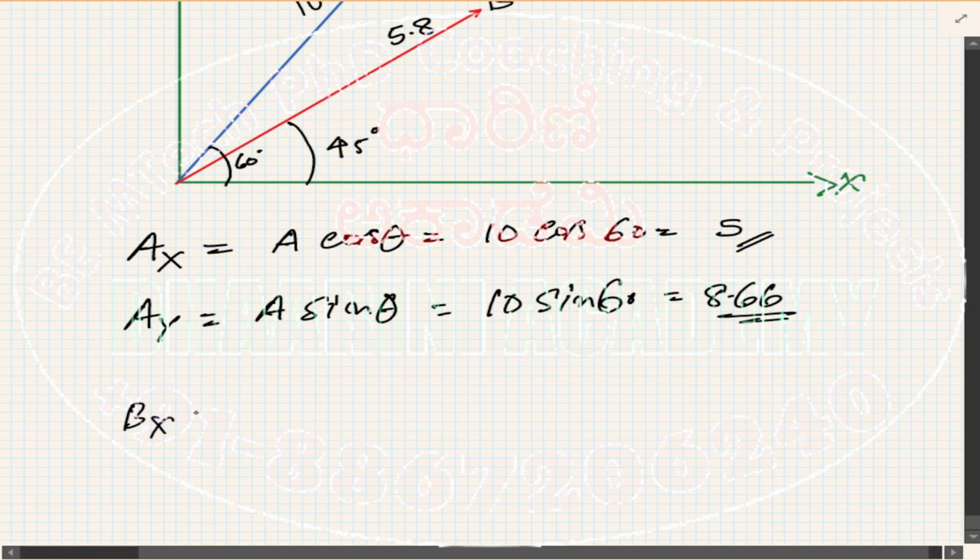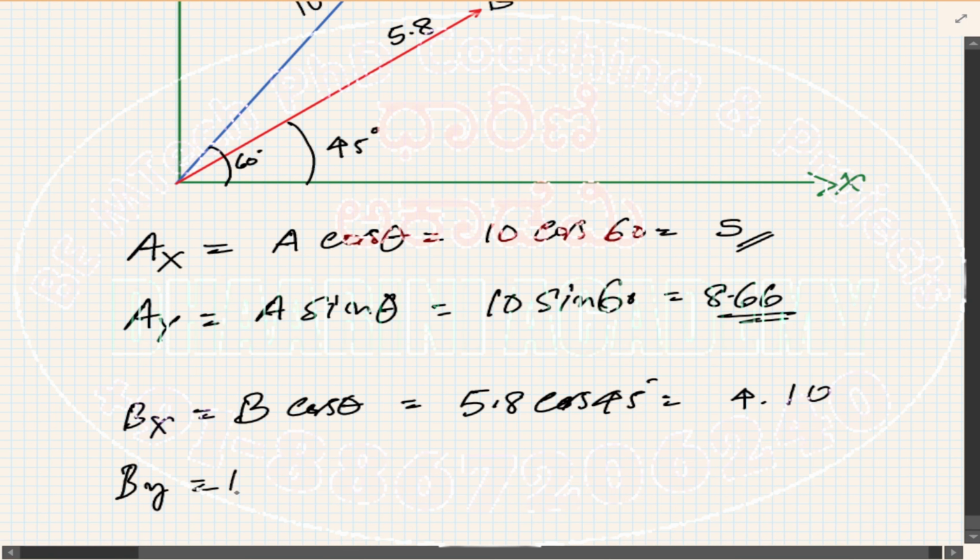Similarly, Bx is equal to B cos theta, which is 5.8 cos 45 degrees. Cos 45 is 1 by root 2, so this comes to be 4.10.